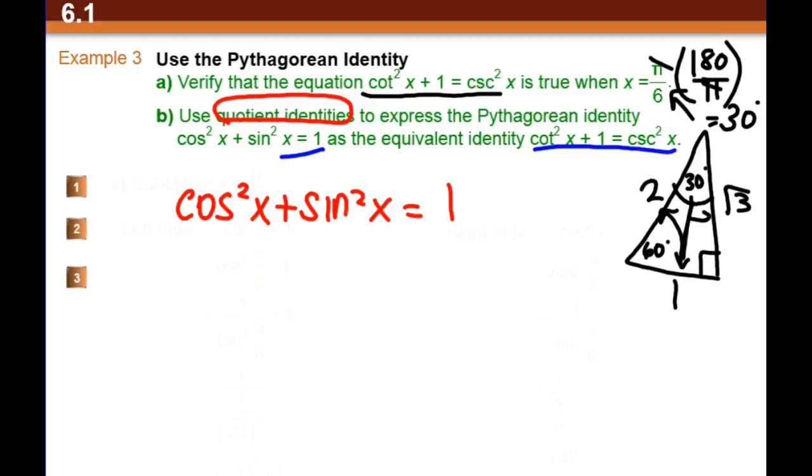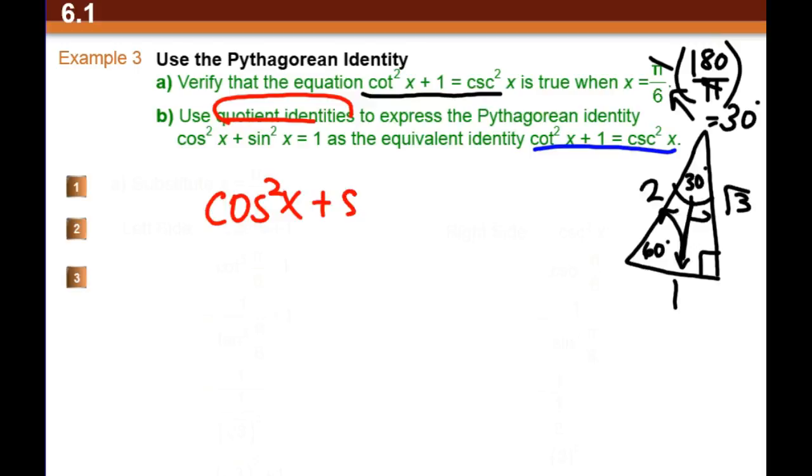So if we manipulated this equation a little bit, as long as it's mathematically correct, we can change these how we want. Hold on, I'm going to start my equation. Cos squared x plus sine squared x is equal to 1.